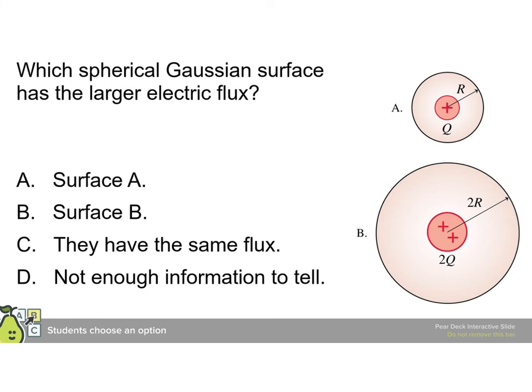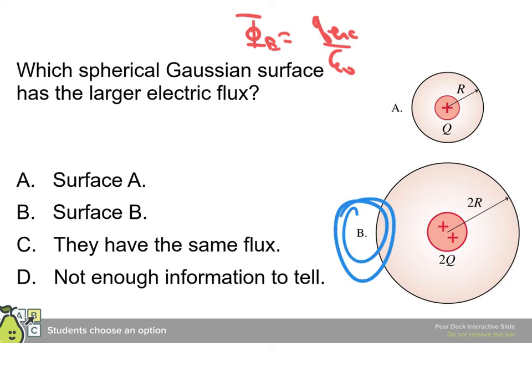Which Gaussian surface has the larger electric flux? Surface A, surface B, they have the same, or not enough information. So we end up with the amount of flux through the surface is just equal to the charge inside. And clearly case B has more charge inside and therefore has more flux through the surface.